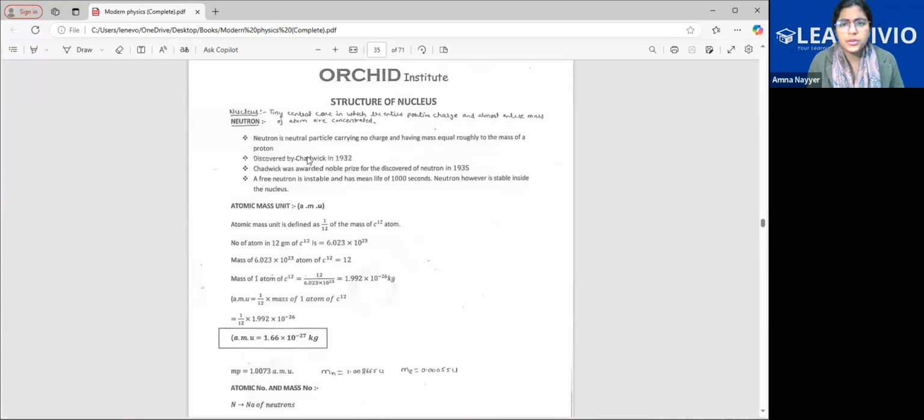From here, you don't have to do anything, that is your chemistry part. Basically, neutron is a neutral particle which has a mass almost equal to that of proton, but not exactly equal to that of proton. It is electrically neutral, and it was discovered by Chadwick. This is what you have to remember here.